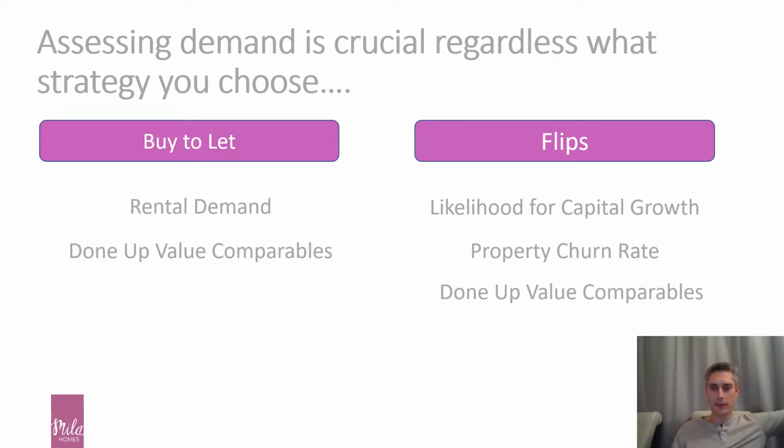And I'll come on to why that's important, because obviously if nothing's selling in your area and the churn rate is relatively low, then your confidence in being able to sell the property that you're going to buy should be less, because the rest of the market clearly looks like quite a cold market. No one really wants to be buying property there. And then equally with buy to lets, done up value comparisons are really important.